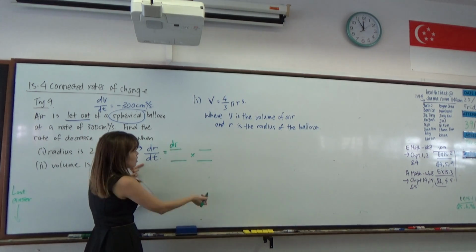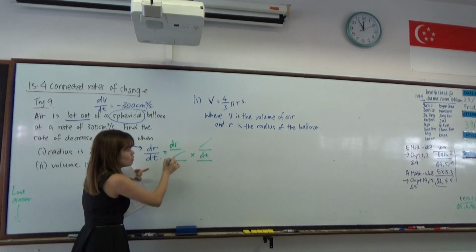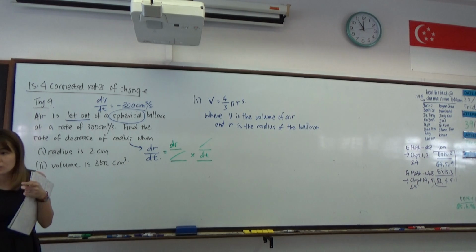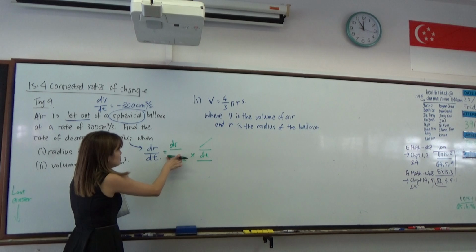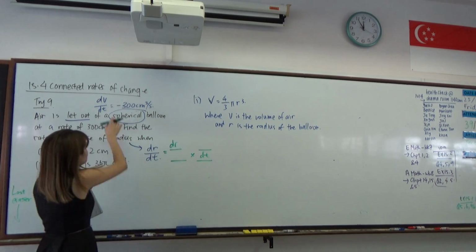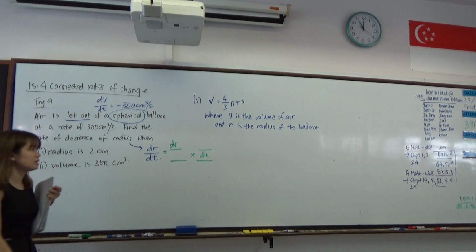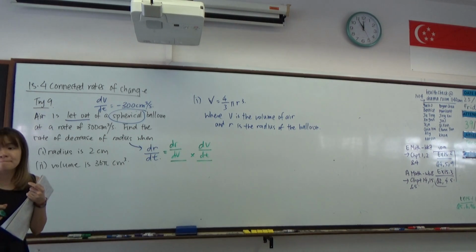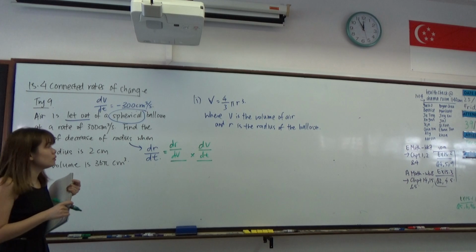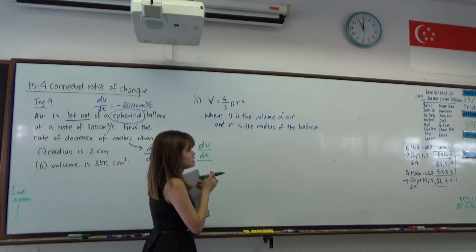We need the dr on top and the dt below because these two should cancel out. Yesterday we talked about this unique design of the notation. We are told dv over dt, so this will be dv, and this will have to be dt. So we will need dr over dv times dv over dt.